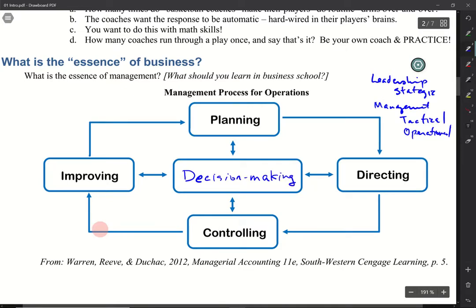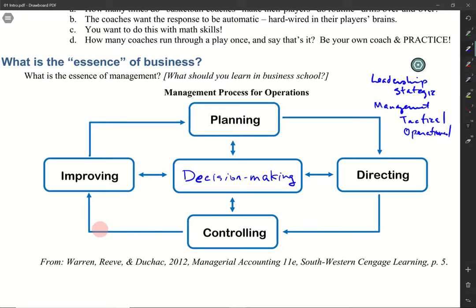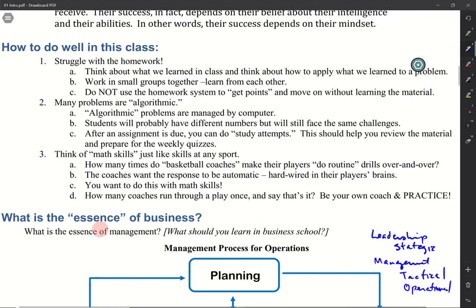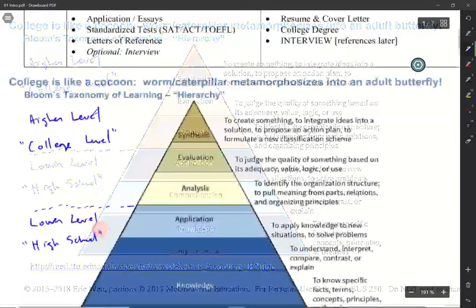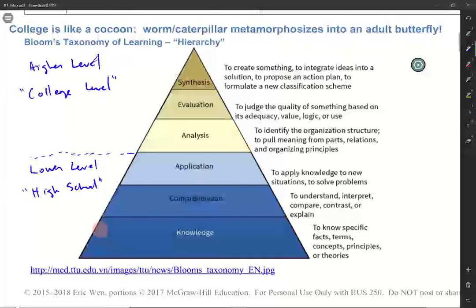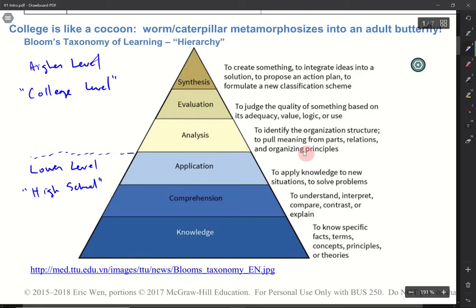Okay, so really, a big part of management is about decision making, right? And so if we flip back to our Bloom's taxonomy, where do you think decision making is? Sorry? Judging, right?